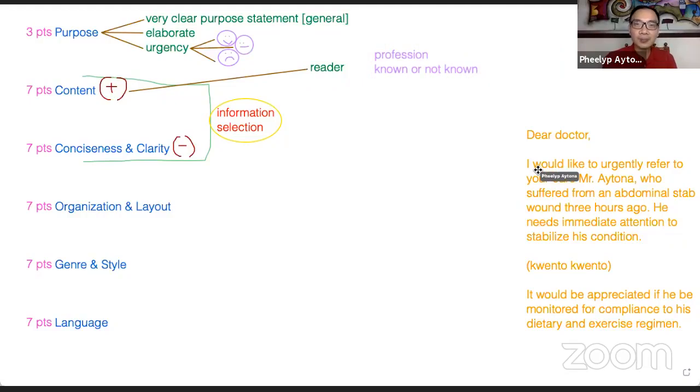For example, visualize. Si Lola, nakatira siya sa retirement home. Nagka-heart attack si Lola. Binato sa'yo sa hospital. You stabilize Lola. Tapos, ibabalik mo sa retirement home yung matanda. Write a letter to the retirement home. Do you think kailangan mo pang ikwento yung mga chronic conditions ni Lola doon sa letter mo?